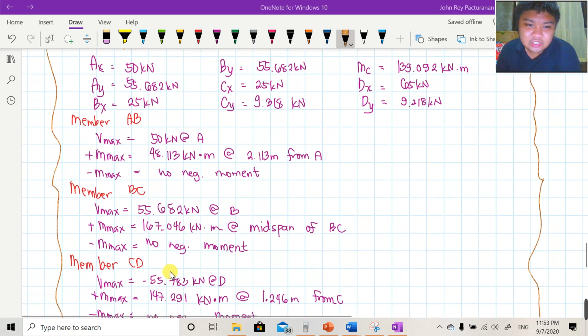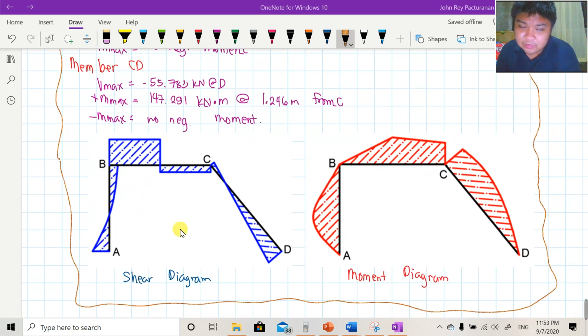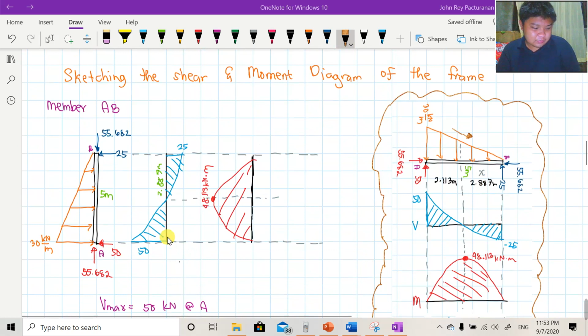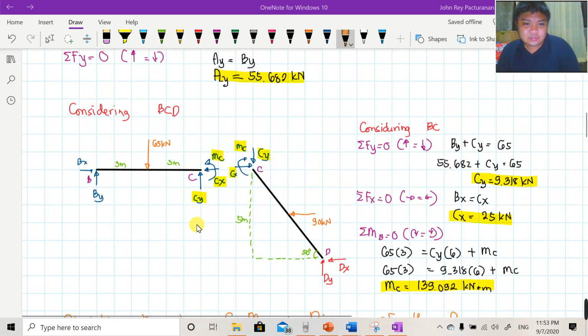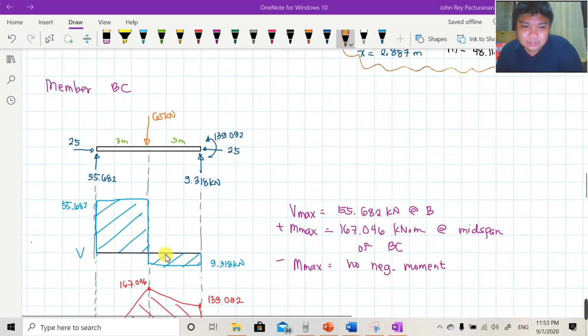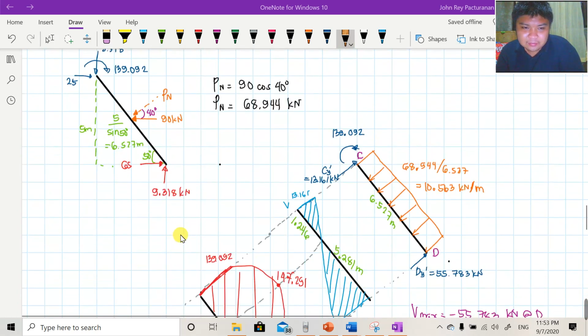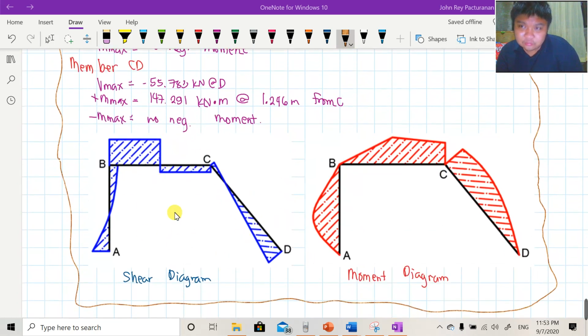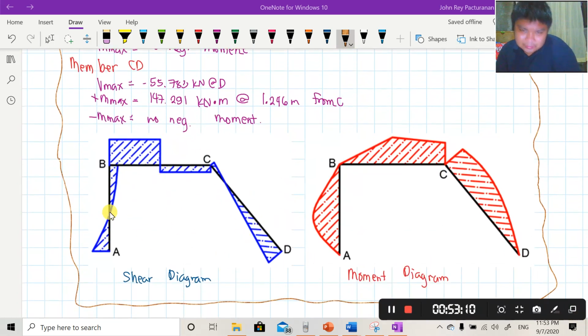So, ito yung magiging shear diagram ng buong frame. So, di ba nga, dinudugtong-dugtong lang natin yan. So, halimbawa, for AB, pag ganito siya. Tapos, for BC, pag ganyan. For CD, pag ganito. So, therefore, ayan lang. Dinugtong-dugtong lang, class. Ganun lang naman talaga ang pag-sketch ng shear and moment diagram.